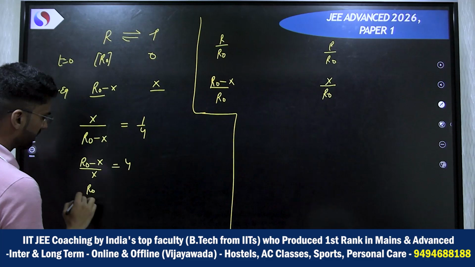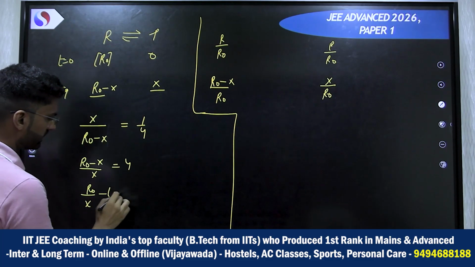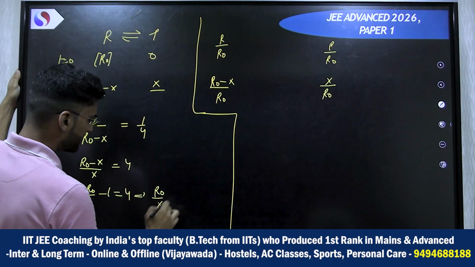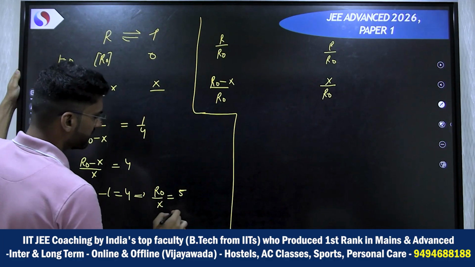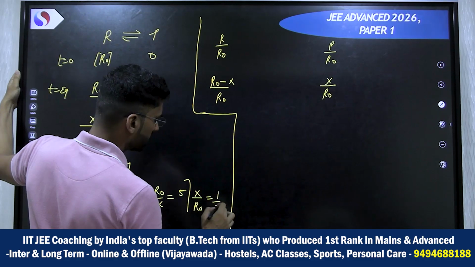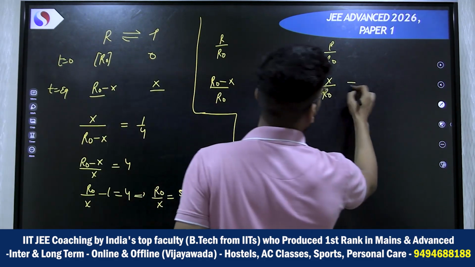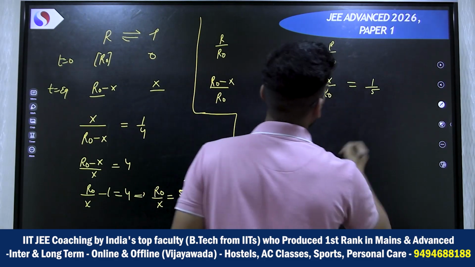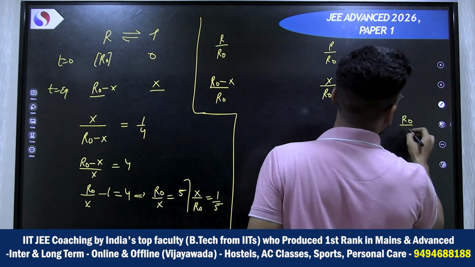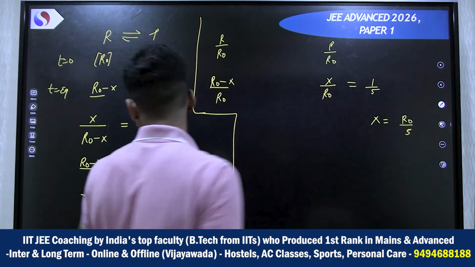So R naught divided by X minus 1 will be equal to 4. That is, R naught by X will be equal to 5, which means X by R naught will be equal to 1 by 5. From here I can say X will be equal to R naught by 5 also.